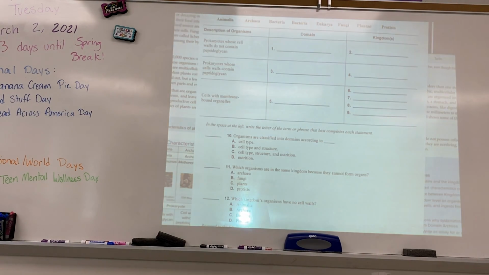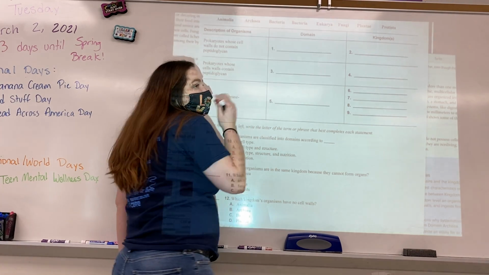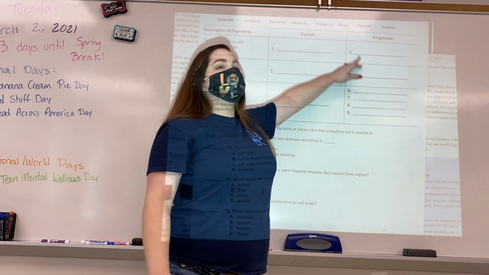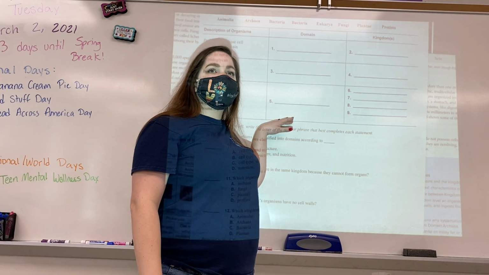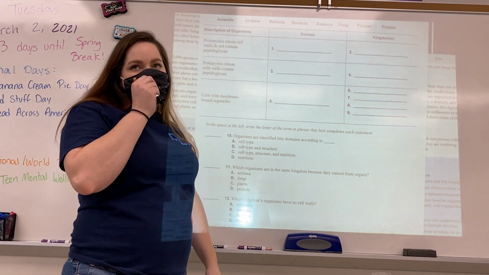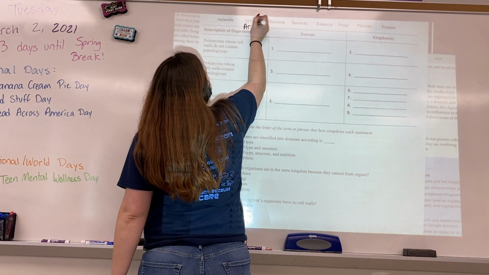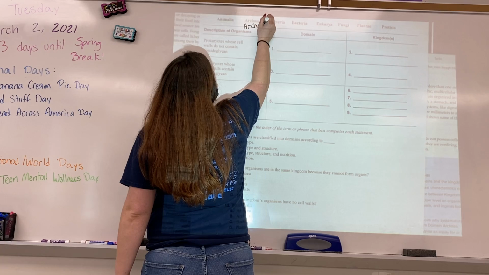Now, I will tell you, they gave you the word bacteria twice. Notice you have 9 lines, so you should have 9 words, but if you count, you only have 8. So bacteria is used twice, and also archaea is used twice.